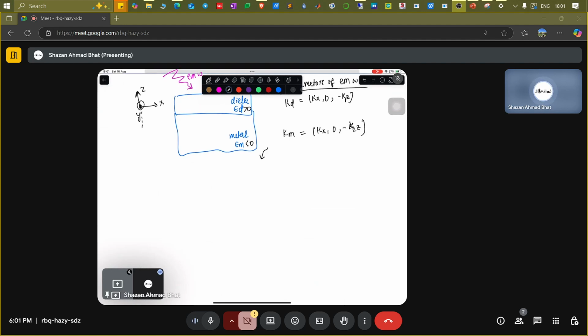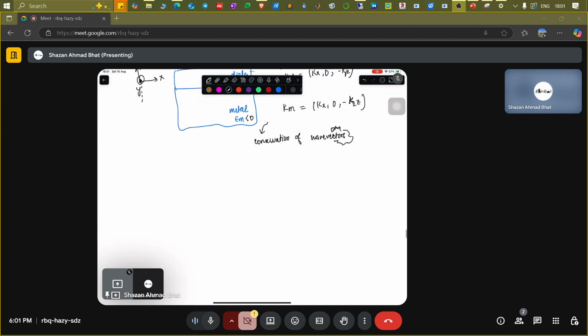Now, if you solve for the conservation of wave vectors, you can write kx square plus k2z square is equivalent to omega square by c square, this thing.